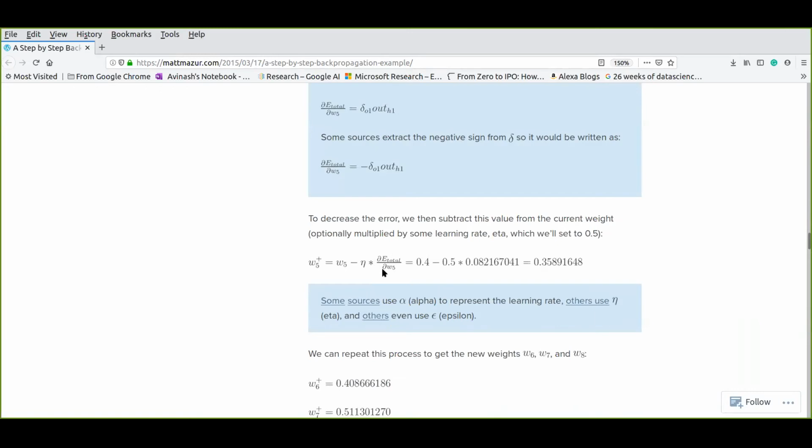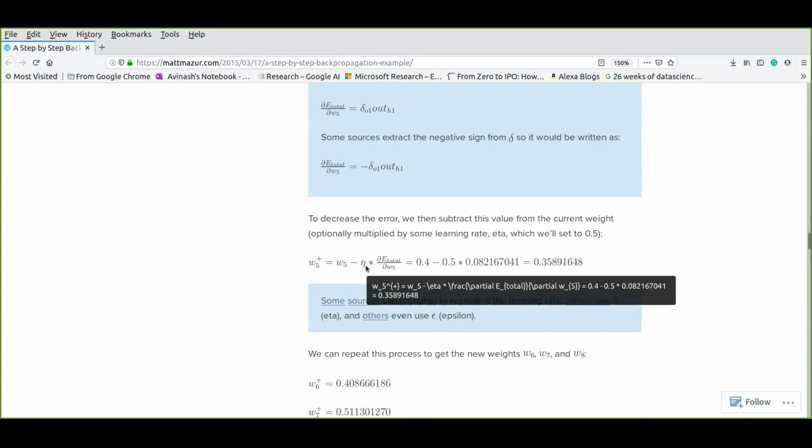Then we multiply that with the learning rate, because as discussed in the beginning, you're not going to take the gradients as they are, but you multiply them with the learning rate, just to avoid overshooting of the weights and updates.